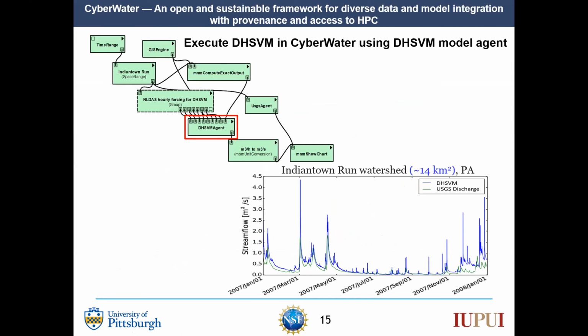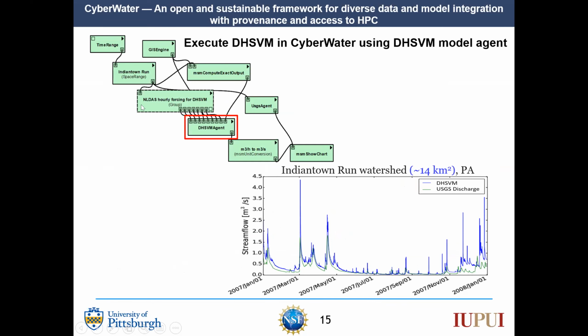Okay, in this example, what I'm going to show you is that we also have this DHSV model, the high resolution hydroelectric model, integrated into the CyberWater using the model agent. And here is this model agent. And the forcing data required by the DHSV model is different from what the forcing data required by the VIC model.